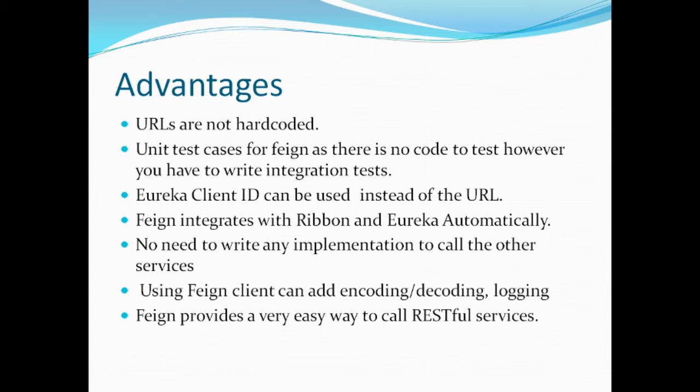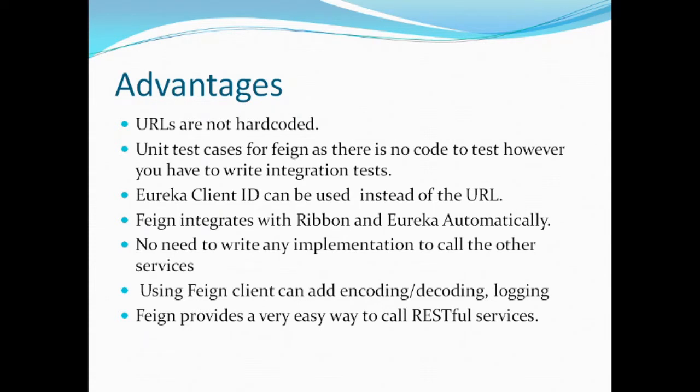Feign client can also be integrated with other Netflix modules, like load balancing with Ribbon, the discovery server, and all the other features of Eureka server. We don't need any implementation to call the other services. We can make use of the proxy pattern to connect with the required services.